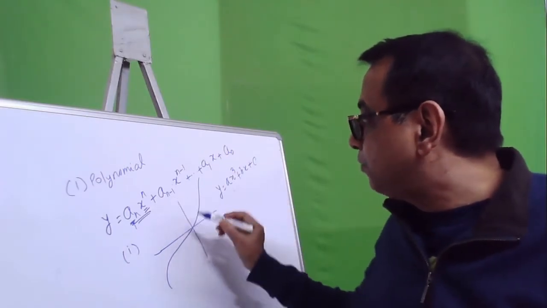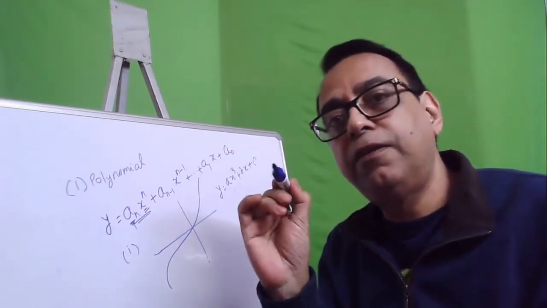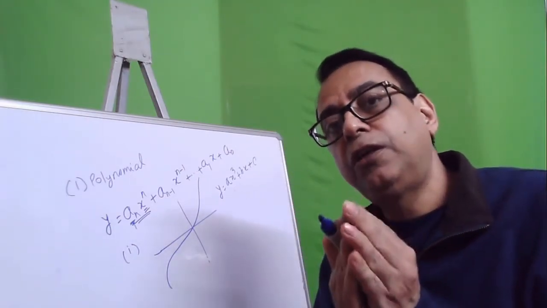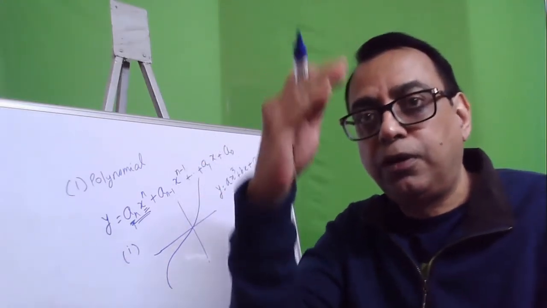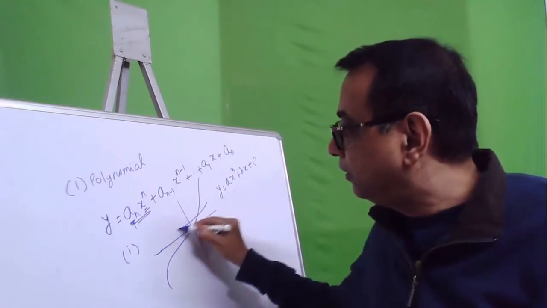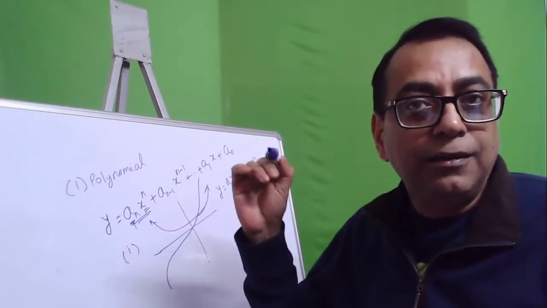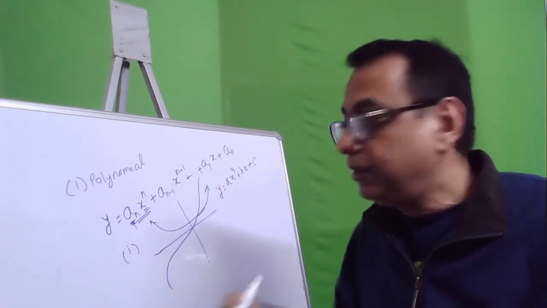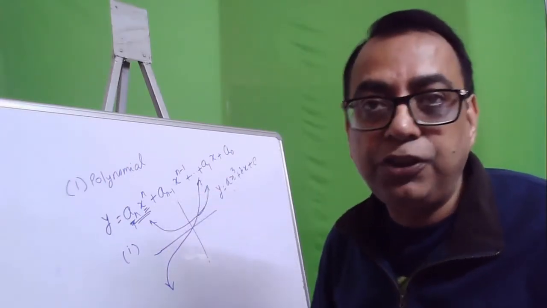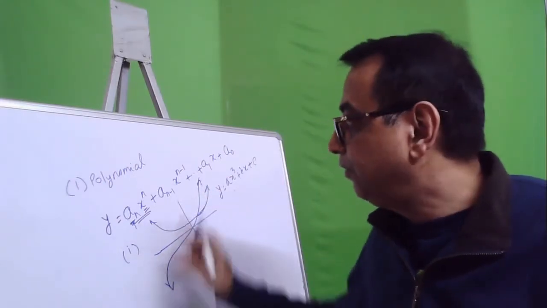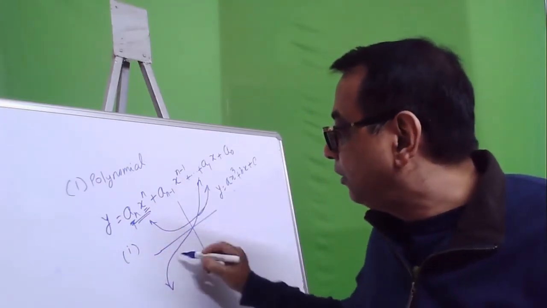So the difference is in the highest power. When it is even, and if the coefficient of the highest power is positive, it will go like this, up on this side and this side. When it is an odd power, then it will be like this, provided the coefficient of the highest power is positive. If the coefficient of the highest power is negative, it will be the reverse.